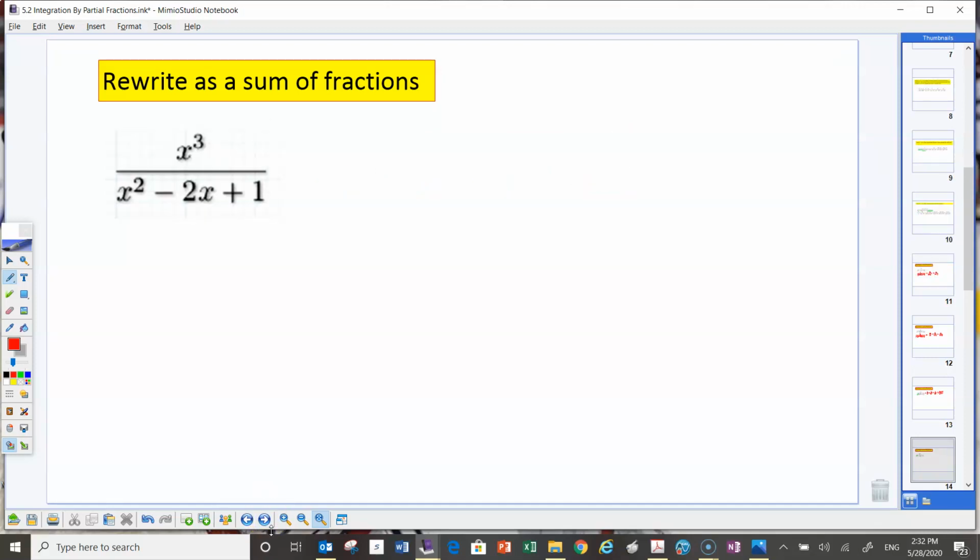Now notice in this one, the degree of the numerator is bigger than the degree of the denominator, so you should be putting a little star beside this one. Because in this particular case, I have to do some long division. So I have to take my denominator, which is x squared minus 2x plus 1, and I have to divide it into x cubed.